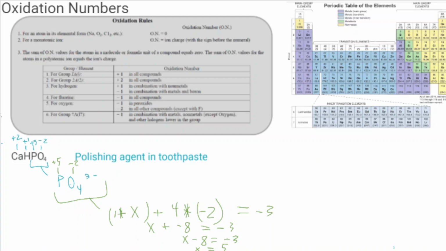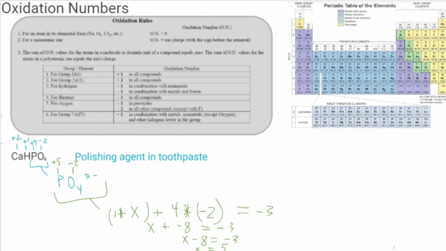And then you can also realize that the rest of the species attached to it need oxidation numbers that add up to a positive 3 if it's in fact a neutral compound. But that is one way to solve it. The other way to solve it would have been to assume that the hydrogen would be positive 1 and add up the sum total of all these oxidation numbers, set it equal to 0, and then you'd also come up with a positive 5.